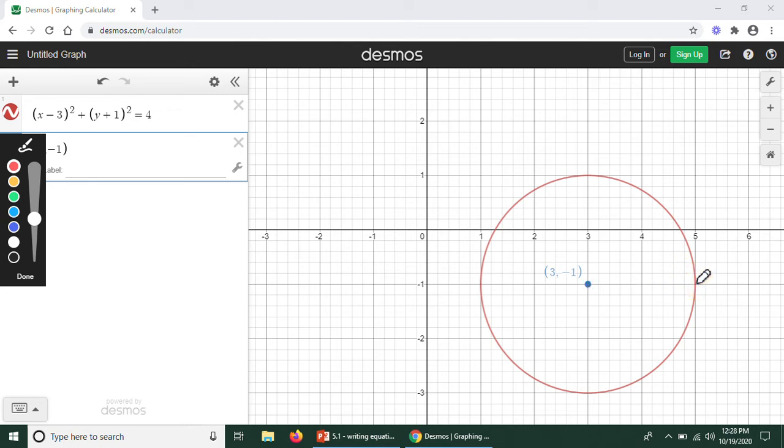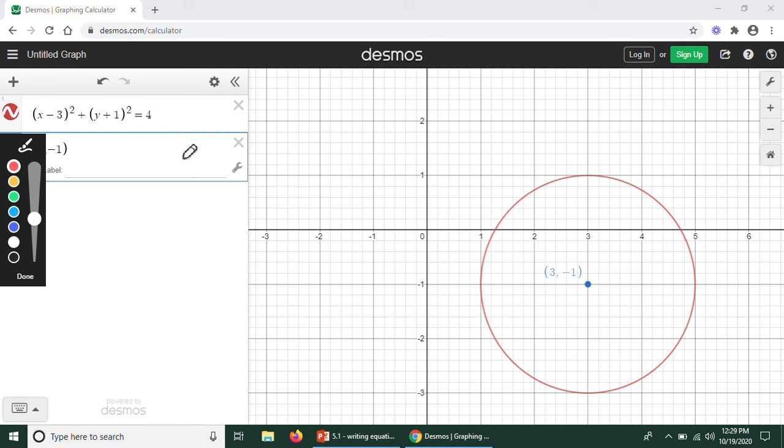Let me do that again. So 1 unit and 2 units. So the radius of the circle is 2 units long.